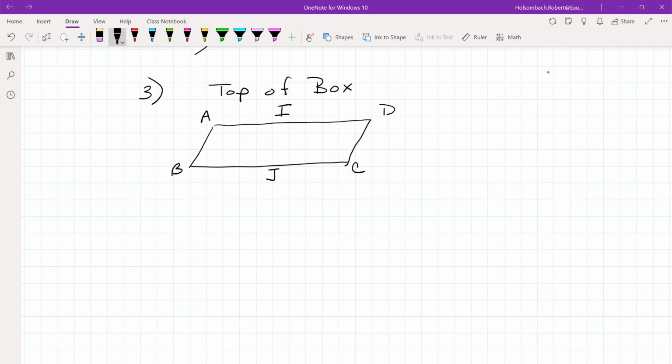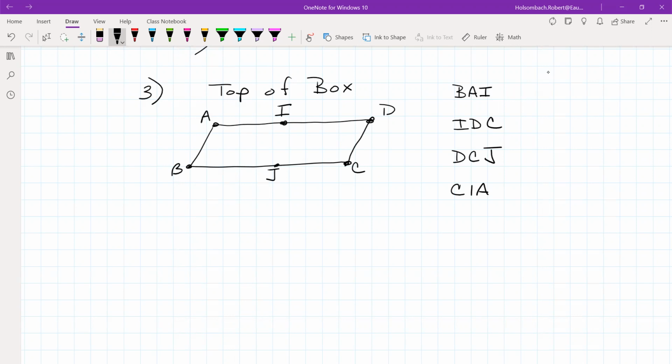So we can use BAI. That's a good description. We can use IDC. We can use DCJ. I can use CI and A. Those are all good descriptions for that plane, right?